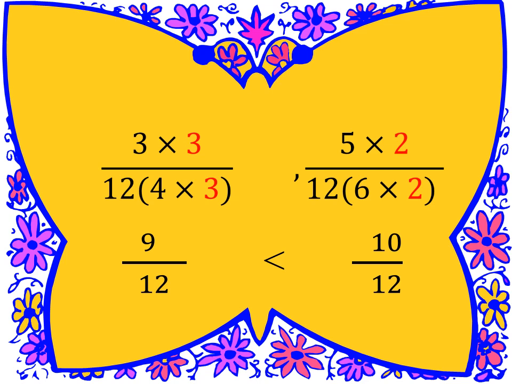You only have to compare the top numbers, 9 and 10. Which is greater, 10 or 9? 10. Excellent. So 10 out of 12 is greater than 9 out of 12. This means 5 out of 6 is greater than 3 out of 4.